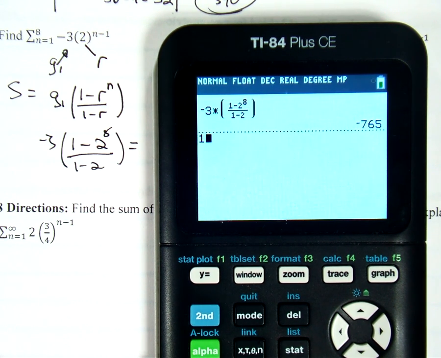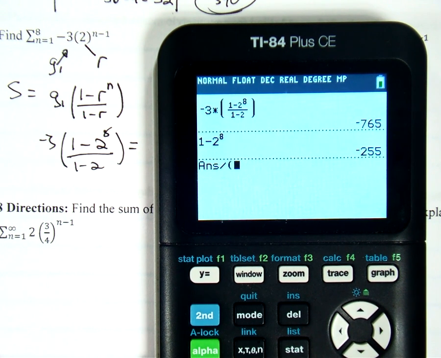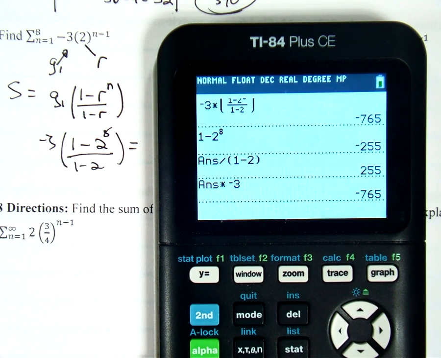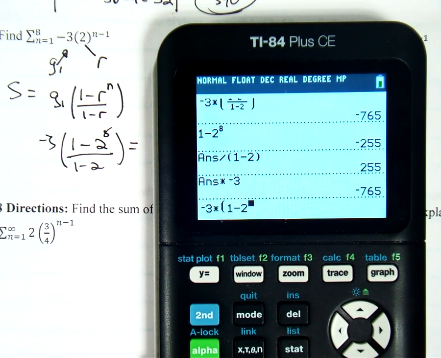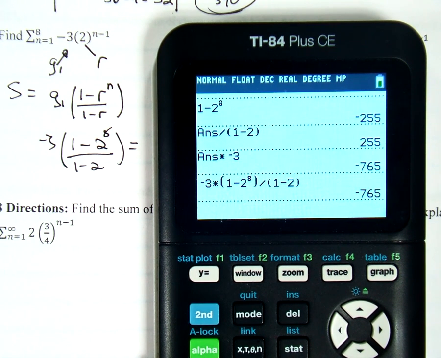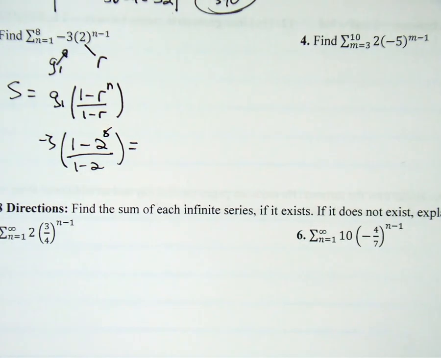You could also do 1 minus 2 to the 8th, divide that by parentheses 1 minus 2, and then take it times the negative 3. Lots of different ways to get there. I think the fraction bar, we could go negative 3 times parentheses for the top, 1 minus 2 to the 8th, close parentheses, divided by parentheses, 1 minus 2 for the bottom. Negative 765. All kinds of ways to get there.